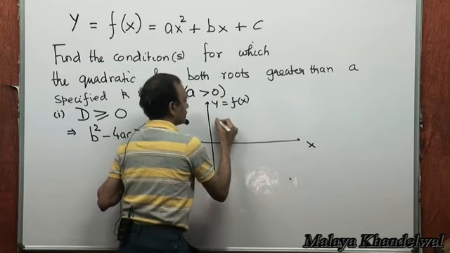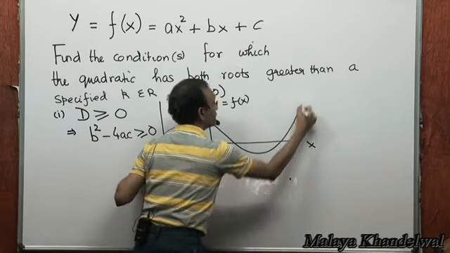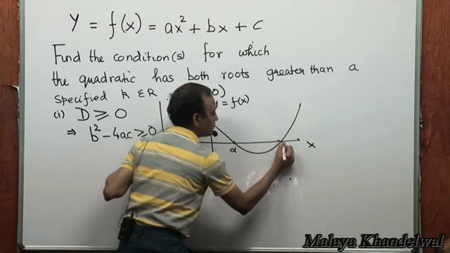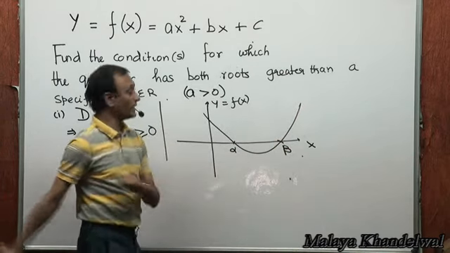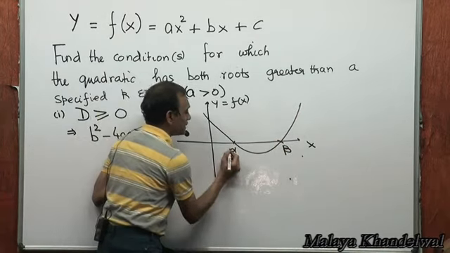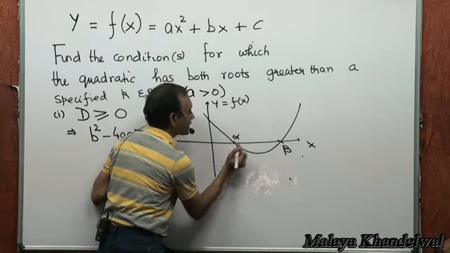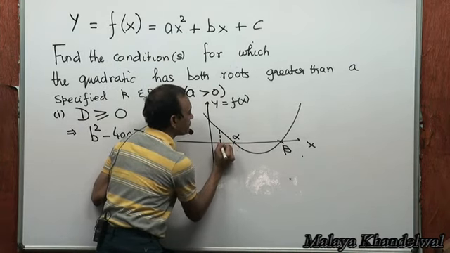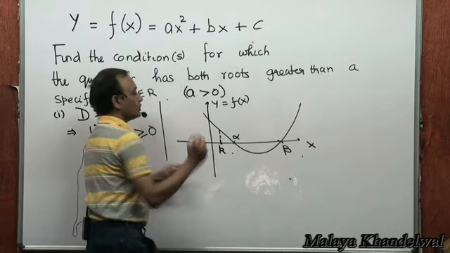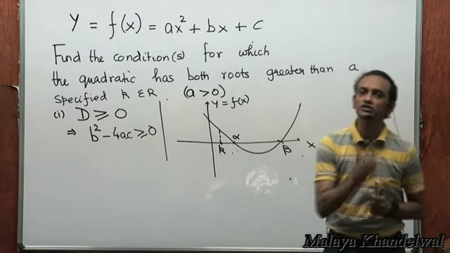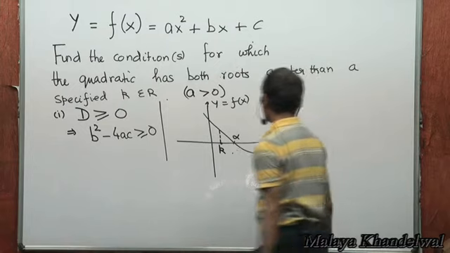And with both roots being real, alpha and beta, and a number k must be to the left of alpha, so that both roots are rendered larger than this real number k.